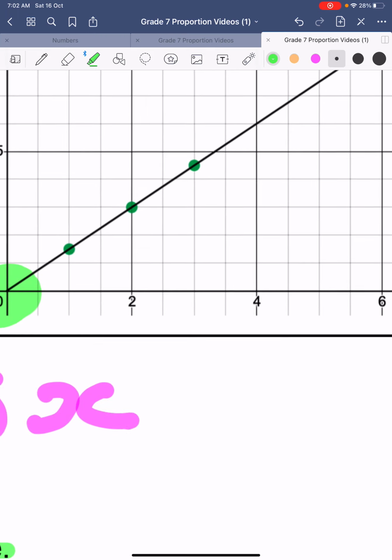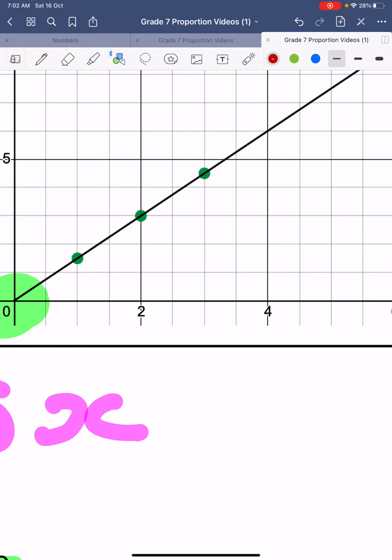Now if we go into this picture in a little bit more detail, as we move along from here to here, can you see we've moved one box along, and upwards we've moved 1.5 euros.